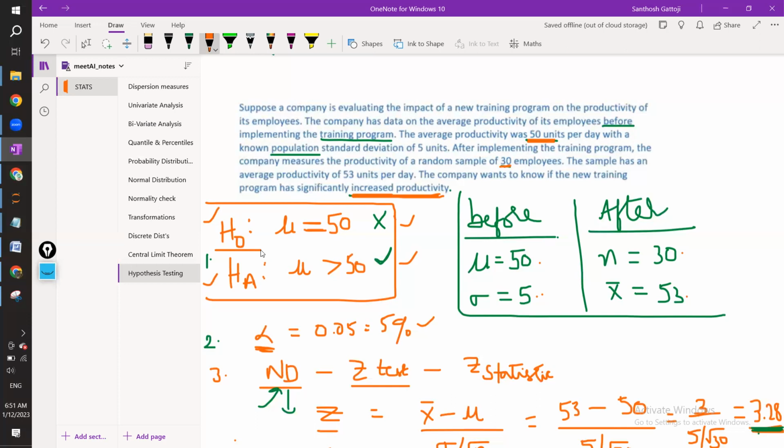And then we can start proving null or alternate, that is, we can accept or reject one of these. The way we create null and alternate hypotheses is such that if the question is whether the productivity is increased, null will say, "No, it is not increased." If the question is whether there is any relationship between the two variables, null will say there is no relationship, and alternate will say there is a relationship.